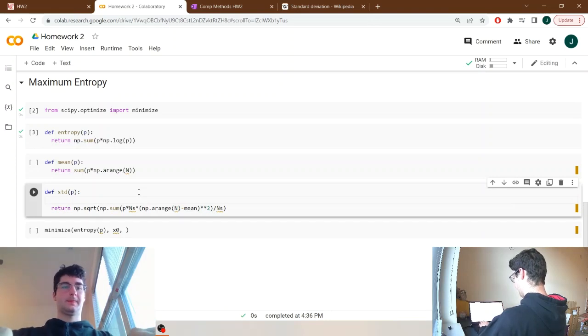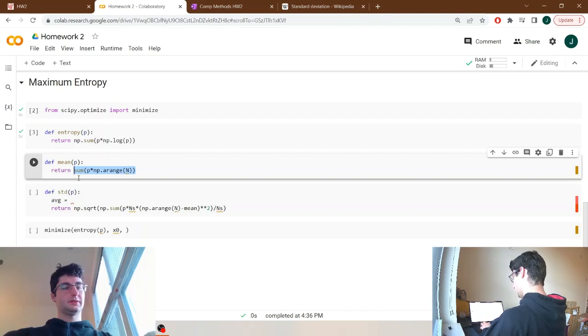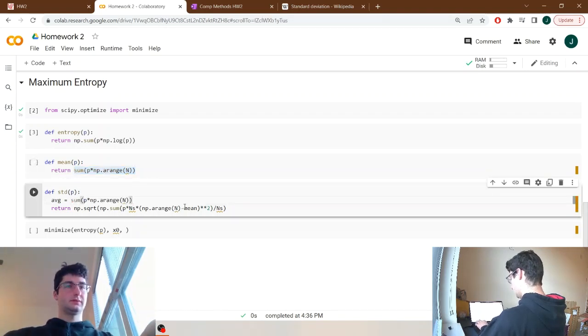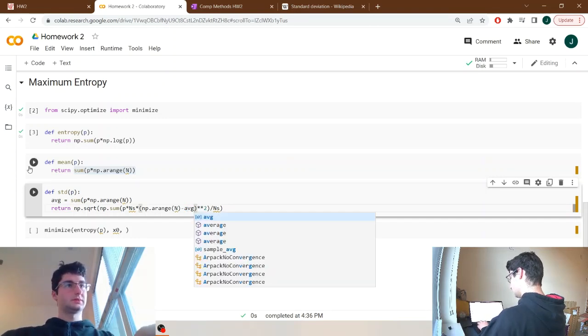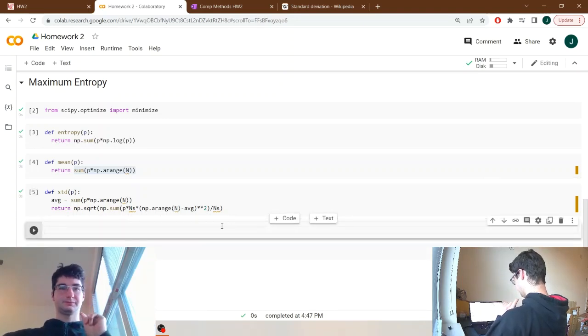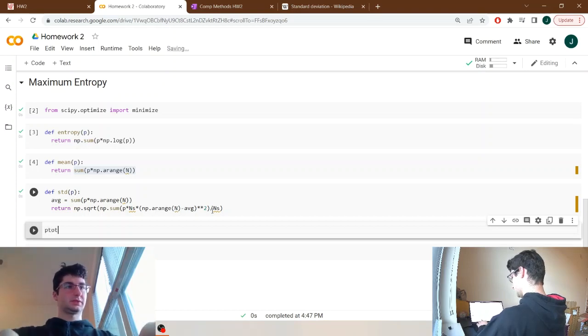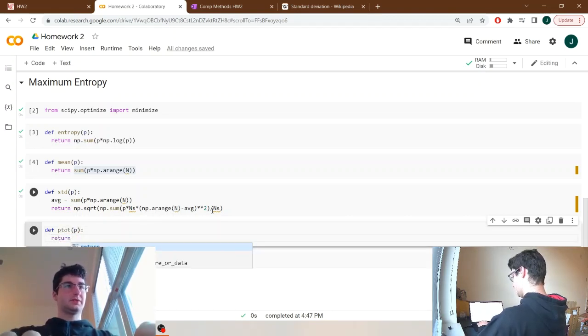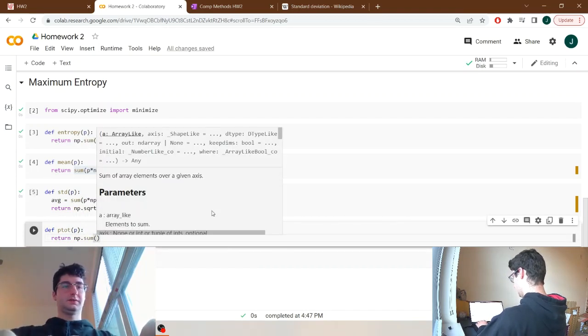Actually, we should call it average. Okay, so those are our first two constraints. The third constraint, let's call it p tot, and we'll return np dot sum of p.